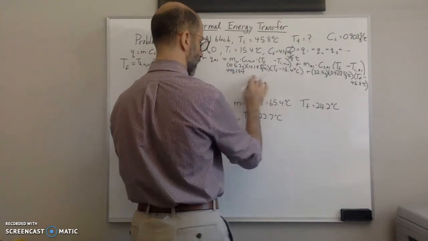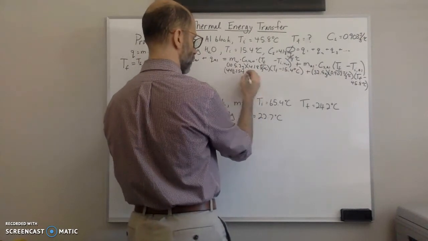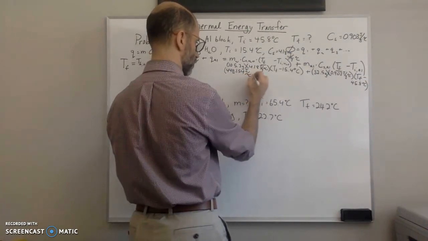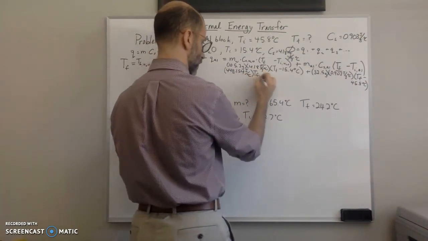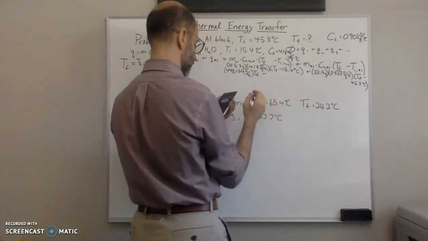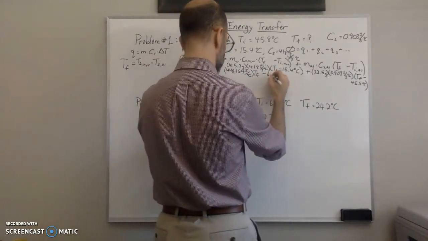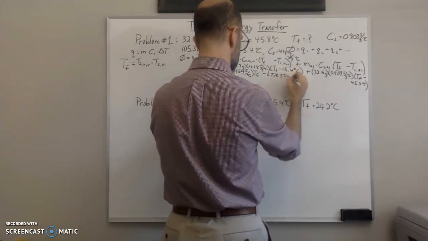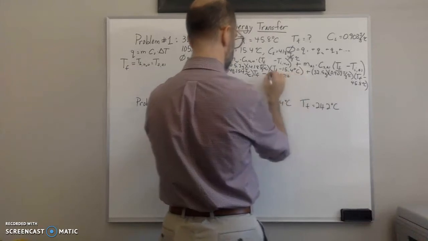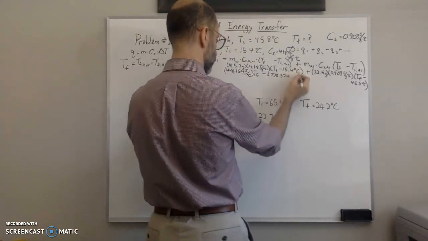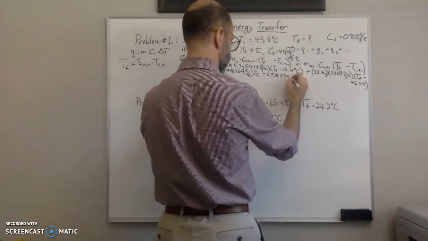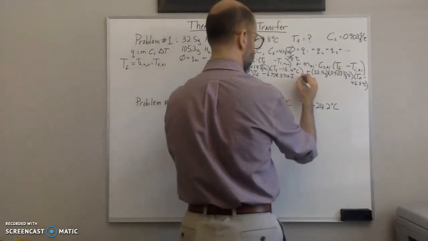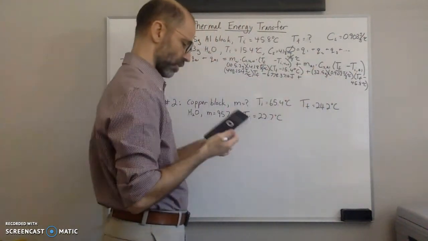So the units are going to be joules per degree Celsius times TF, and that's going to be minus 6,778.3716. And then again, this is multiplied by degrees Celsius, so this is going to end up being joules, right? So then that's that, and then we do the same thing over here.